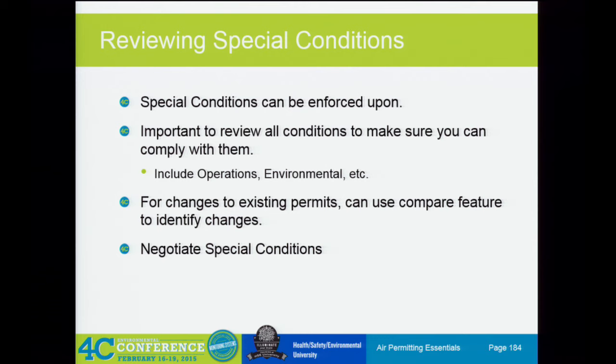Yeah, that's a perfect example of giving a reason why we don't want the monthly monitoring. We're already doing this other thing. We'll just put a record-keeping requirement in the permit, and that should go away easily. Whereas if you just say, I don't want to do monthly monitoring, well, that's not coming out.